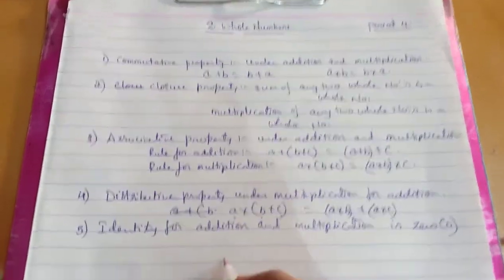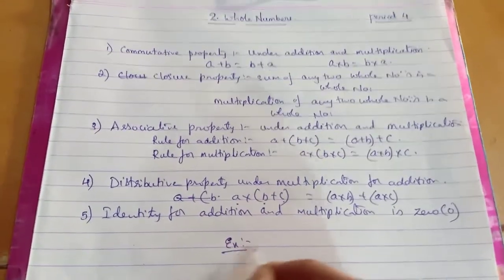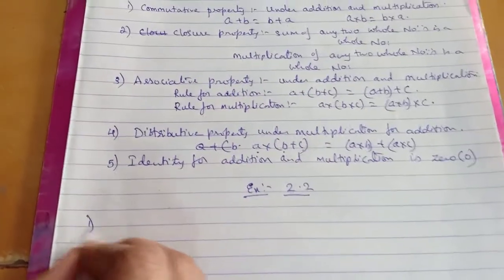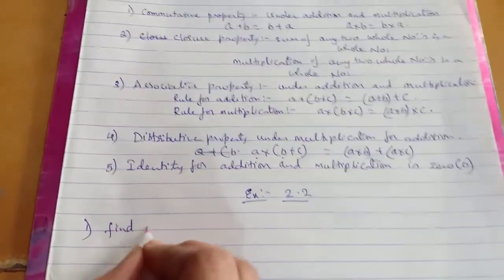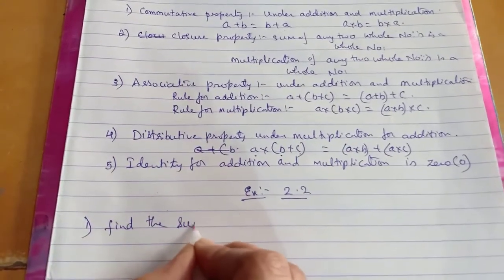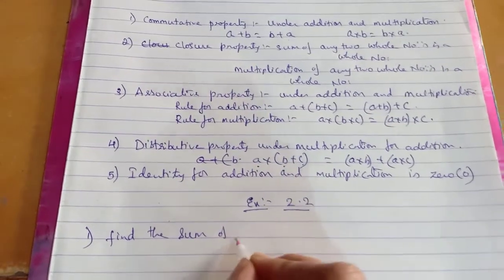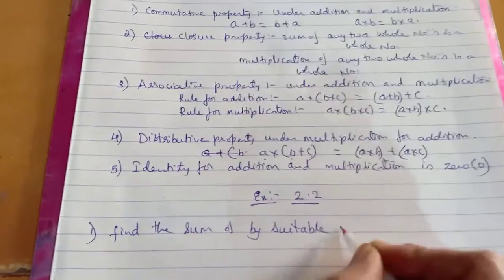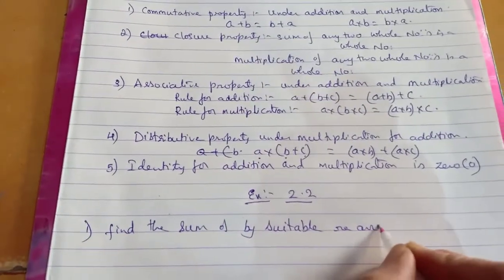Now we are going to start our exercise 2.2. The first question is, find the sum by suitable rearrangement.